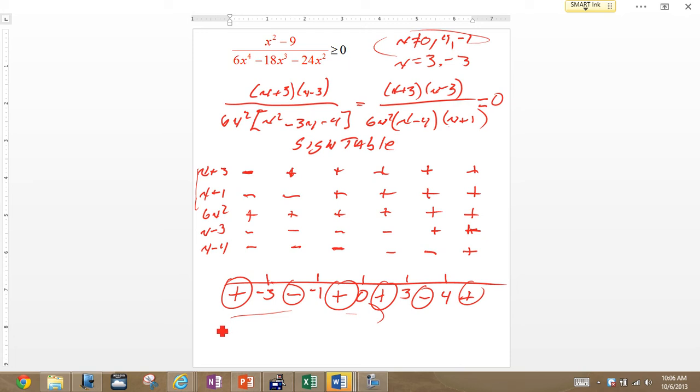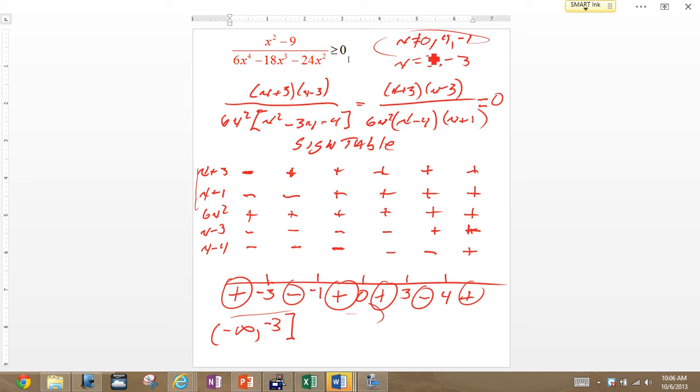And the sign table helps us with that because it says this region, from negative infinity up to negative 3, is a positive region. Now, can we include negative 3? Yes, we can. Then we pick up this region from negative 1 to 0.